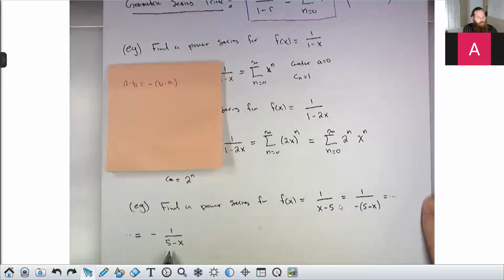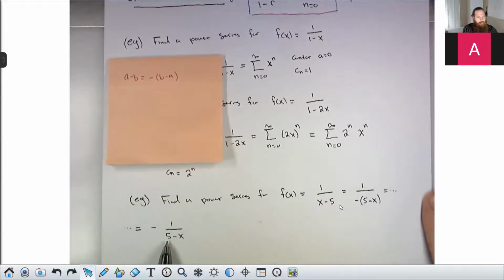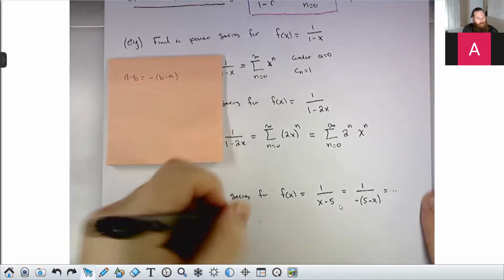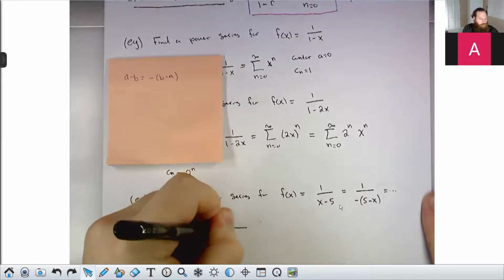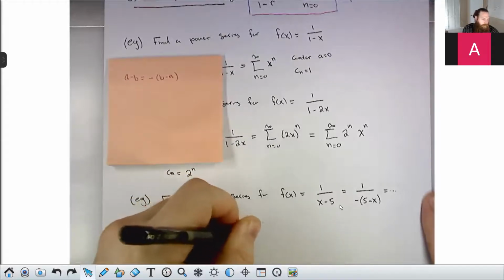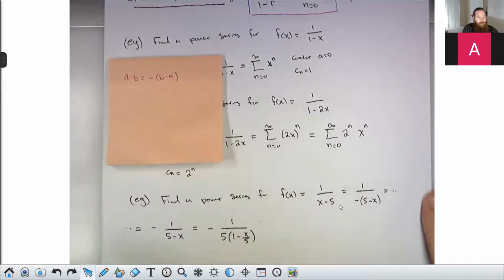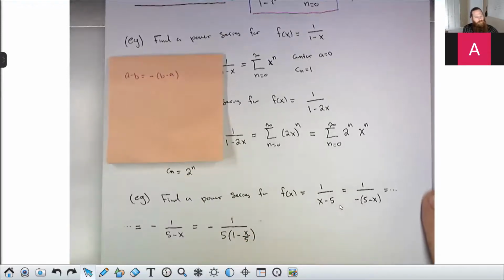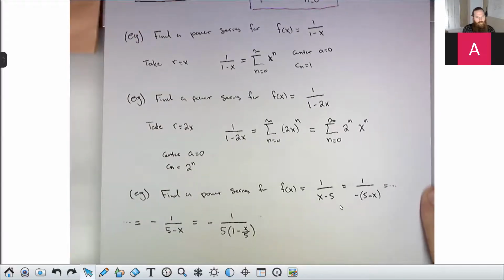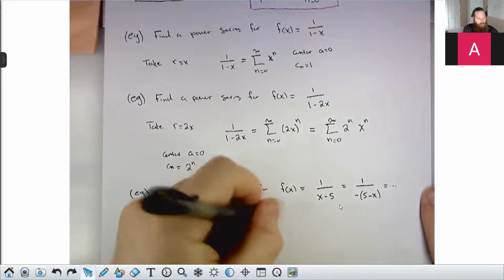And then I need to make this spot a 1. Well, I can make this spot a 1 by factoring out a 5 from the denominator. So I'll have negative 1 over 5 times 1 minus x over 5. And now the 5 I can bring out also.